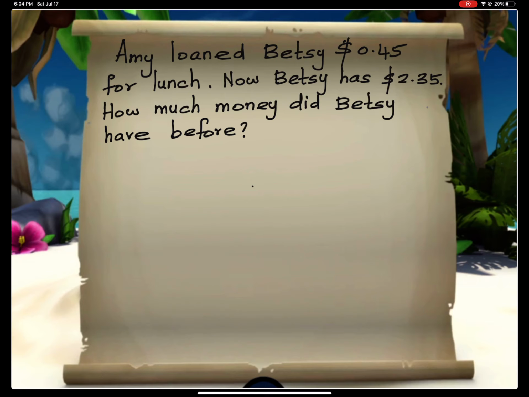So here we have decimals. There's a decimal point in this value, and there is also a decimal point in the other value.